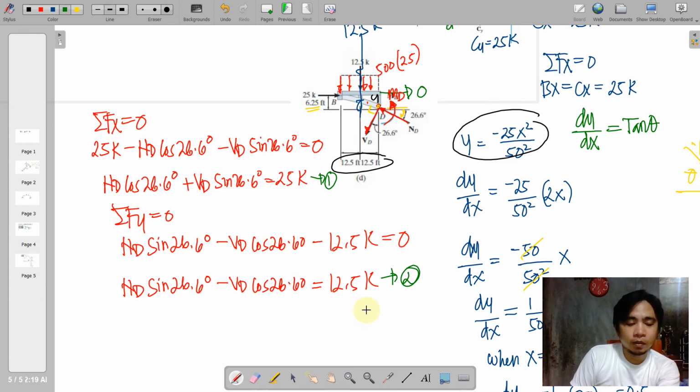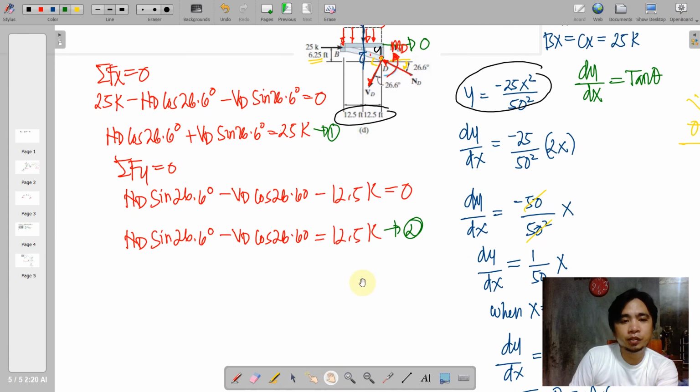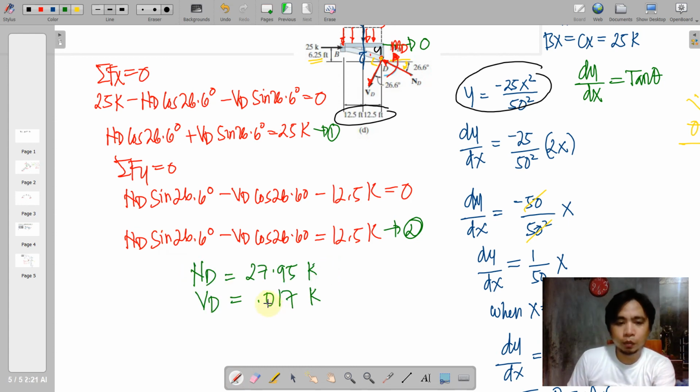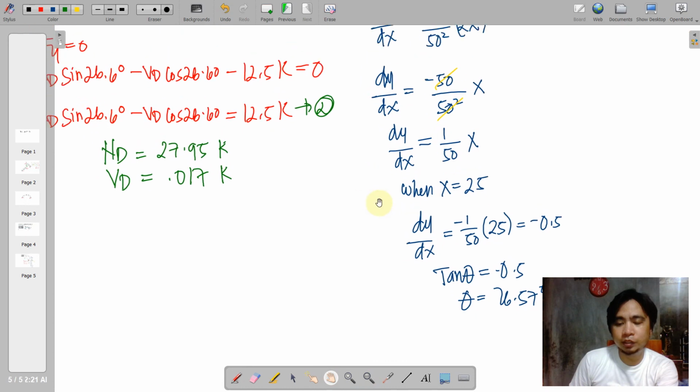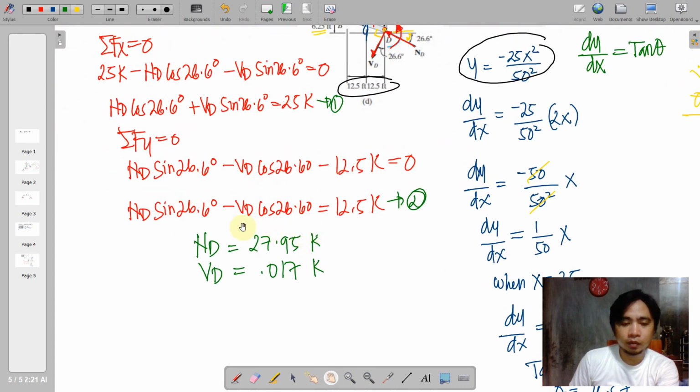So we again simplify, bring your constant to the right side, then we'll have this second equation. So we have two equations with two unknowns, the same arrangement, where constant at the right side, we'll just have to calculate the value of ND and VD, or the normal at D and the shear at D. And we will be having this result. So actually, if we stick with the angle a while ago, that is 26.57, ND will be rounded to 28 and VD will be almost equal to 0.